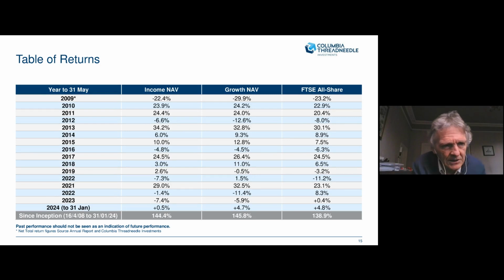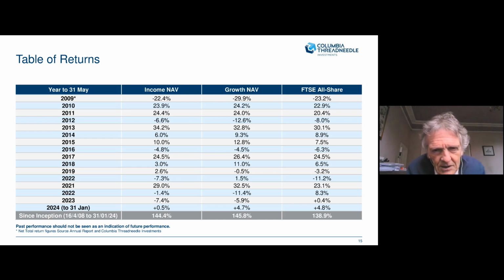Now, this next page, which I have to put in again for compliance reasons, is very busy. It breaks down each single year's performance of income and growth against the all-share index. But actually, just dwell for a minute. Let's look at the growth NAV.